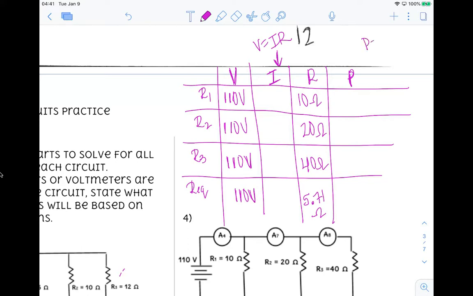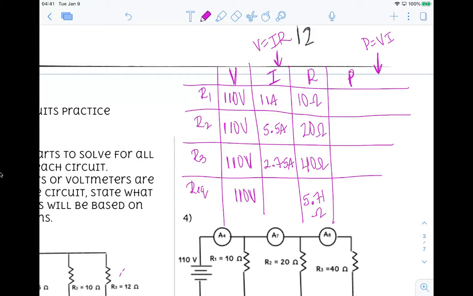Now we can go ahead quickly and solve for V, I, R for this column, as well as P equals VI for this column. So let's go through and do this to see what we get. For R1, we end up with 11 amperes. We ended up with 5.5 amperes for R2. We end up with 2.75 amperes for R3.